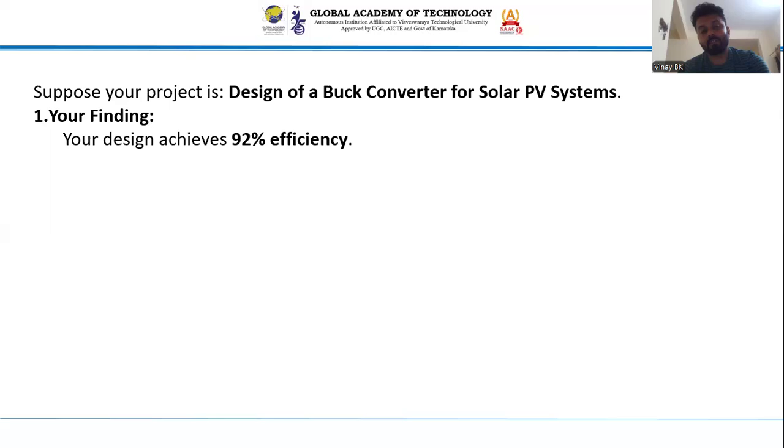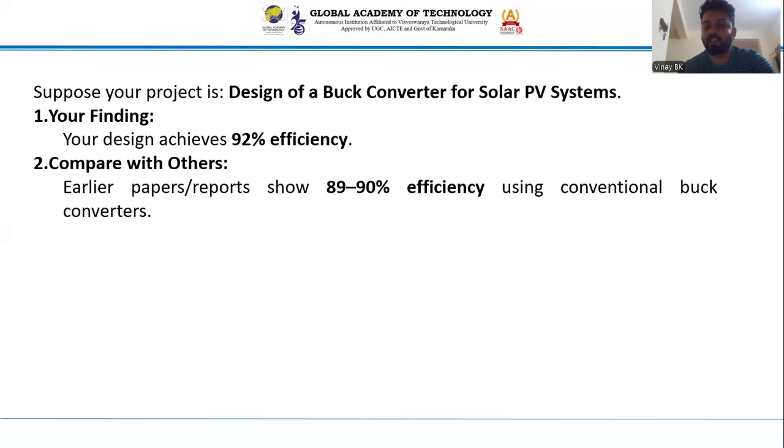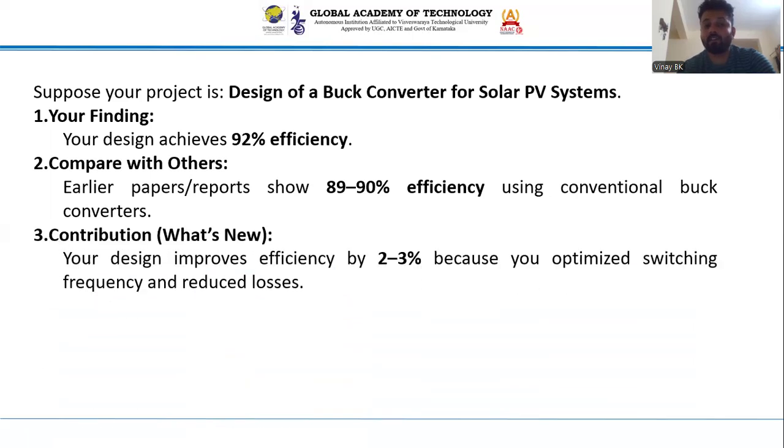Suppose, for example, your project is the design of a buck converter for solar PV power systems. Your finding is that your design achieves 92% efficiency. Earlier papers show 89 to 90% efficiency using conventional buck converters. Then the contribution, what's new?